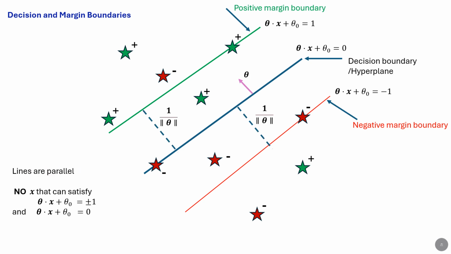In linear classification, the hyperplane and the decision boundary are the same. The weight vector theta is perpendicular to the hyperplane, and it points into the positive direction of the hyperplane. All these three lines are parallel because no data point can satisfy all three equations at once.